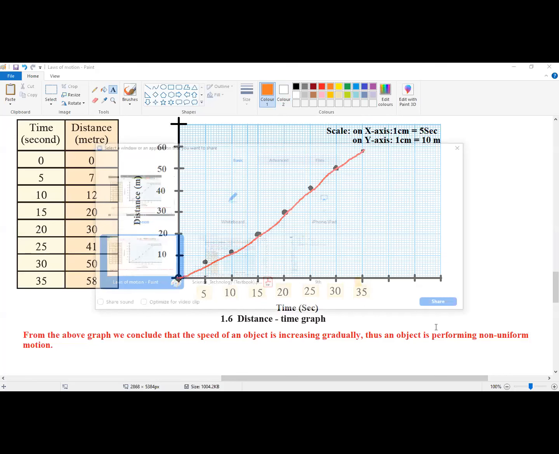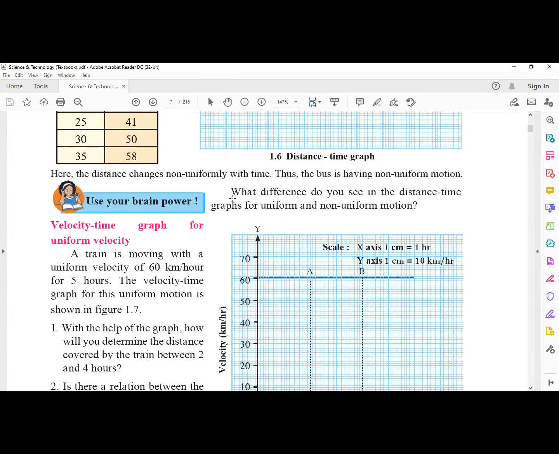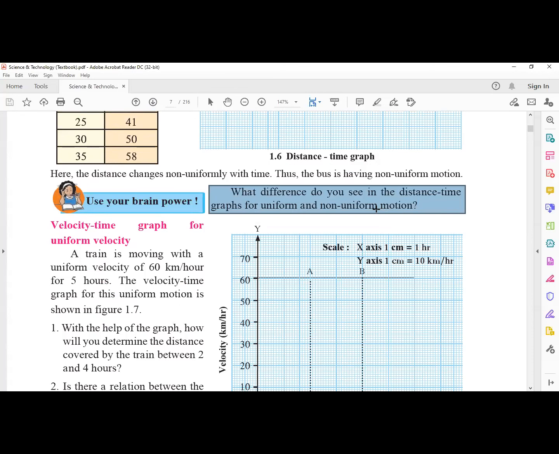Now the next one: let's go to our textbook. There is one question. Tell me the answer. What difference do you see in the distance time graphs for uniform and non-uniform motion? Sir, the speed is equal in uniform motion.